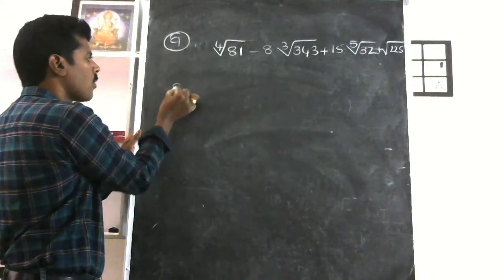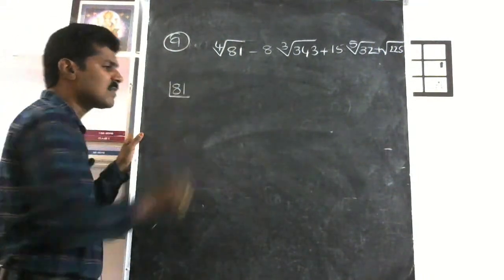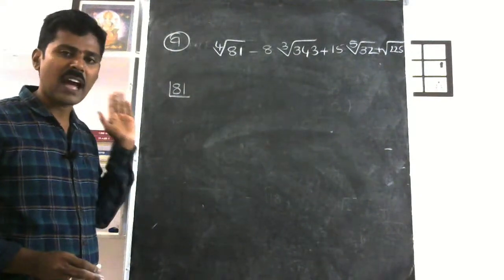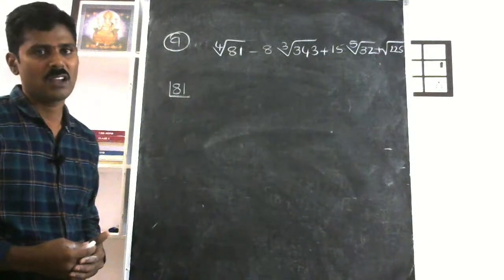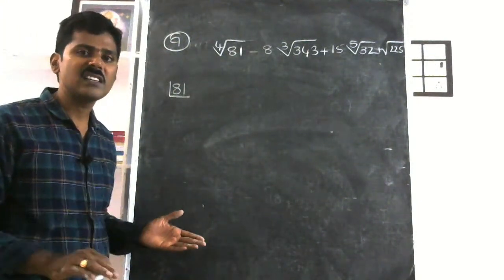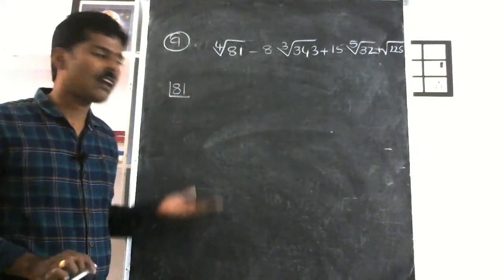For each number, it is very convenient to express that number as a product of primes. If you write that number as a product of primes, it will be very easy to check whether it is rational or irrational.